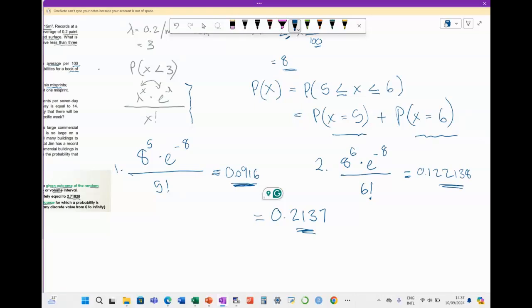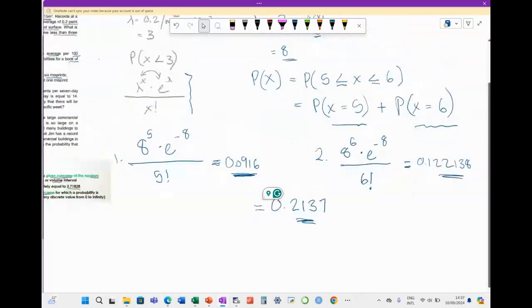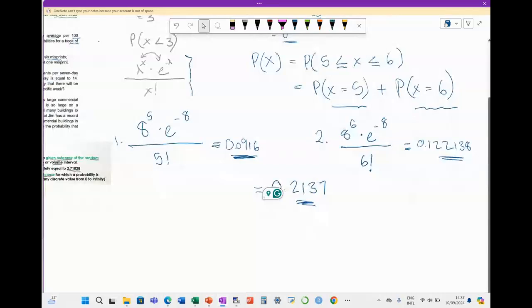So we're saying at least one misprint, which means the probability that we will have one mistake or more.